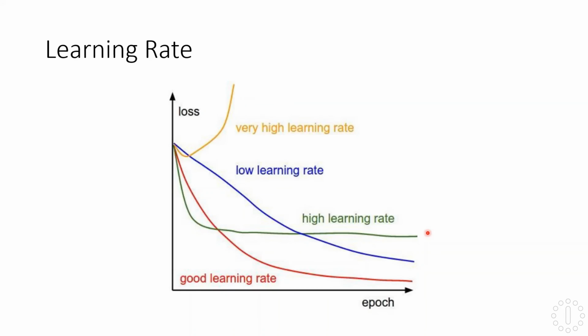The appropriate learning rate is the one that makes the loss behave in the way shown on this graph. It decreases pretty quickly, and as we do more and more passes of the training set, we get a very small discrepancy between the expected and actual outputs.